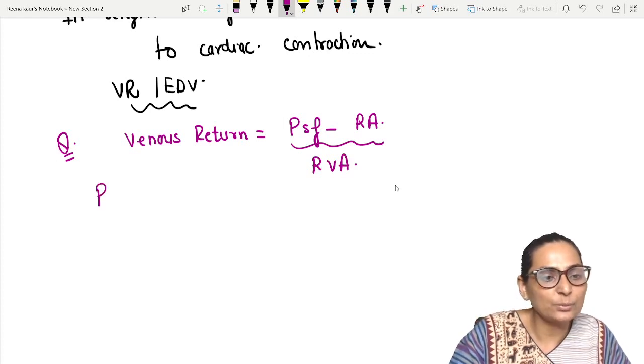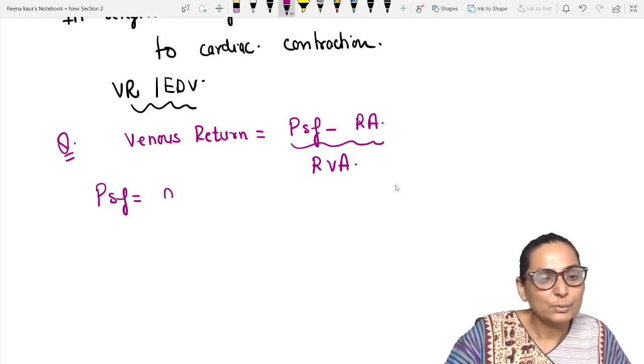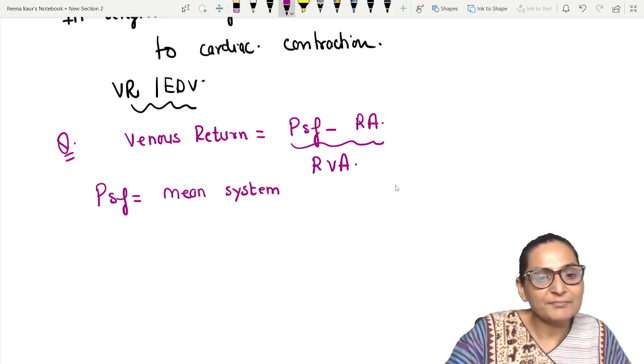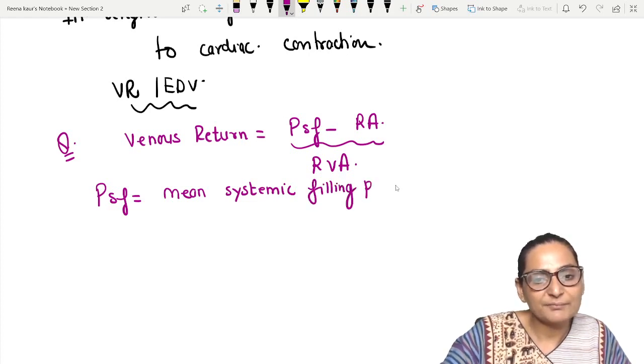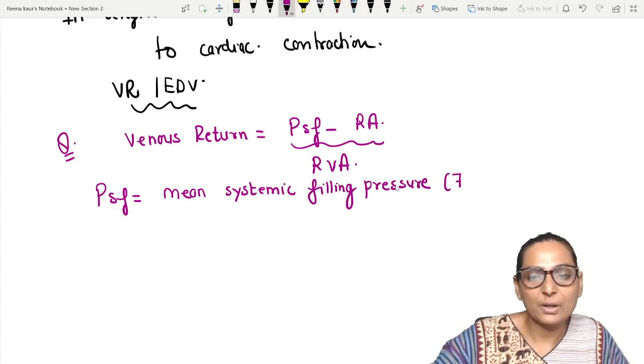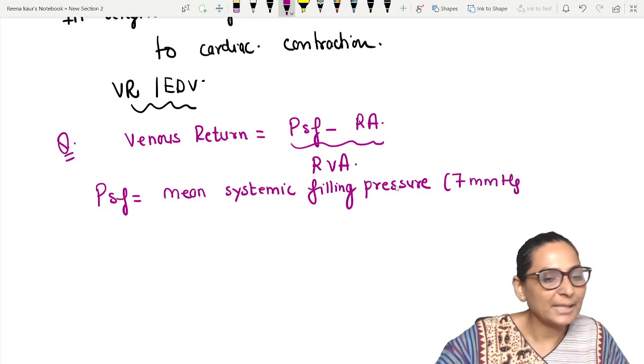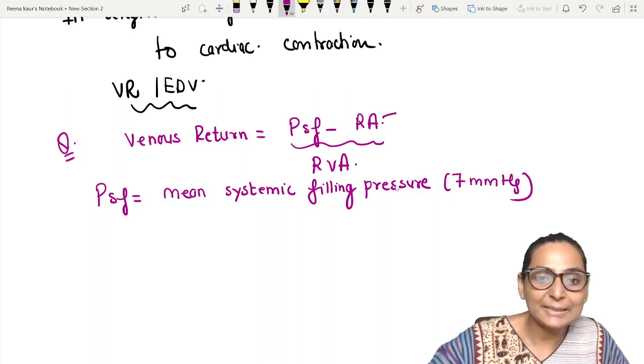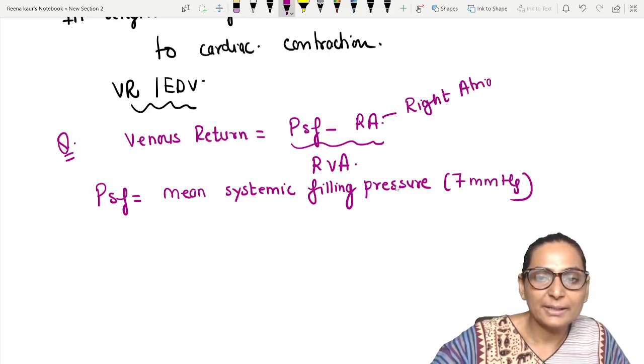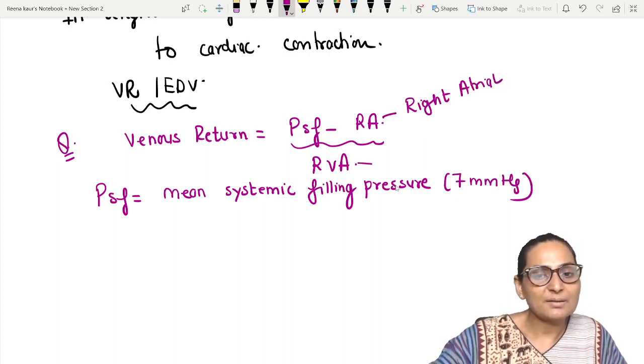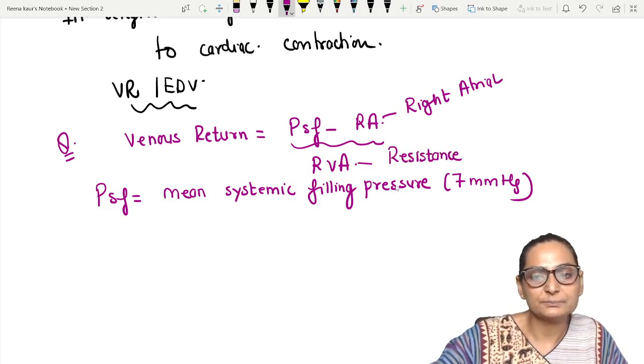Venous return is equal to PSF, which is called the mean systemic filling pressure, right? That is normally around 7 mm Hg. And right atrial pressure, RA is the right atrial pressure, and RVA is the resistance to venous return.